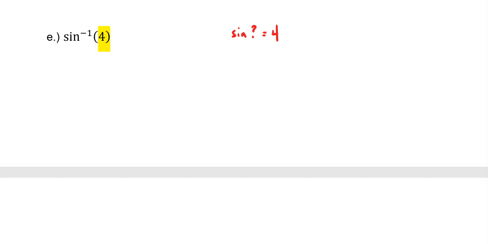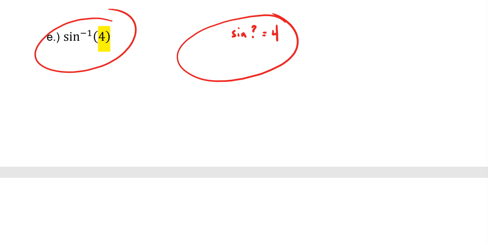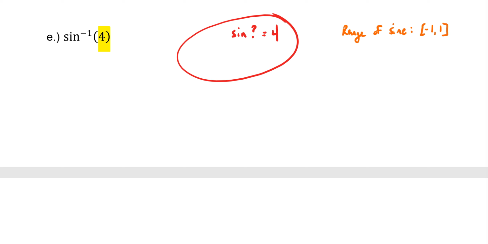There are two ways to think about this right now. You can think about it using sine inverse or regular sine. Let's look at regular sine over here on the right. We know that the range of sine is -1 to +1.